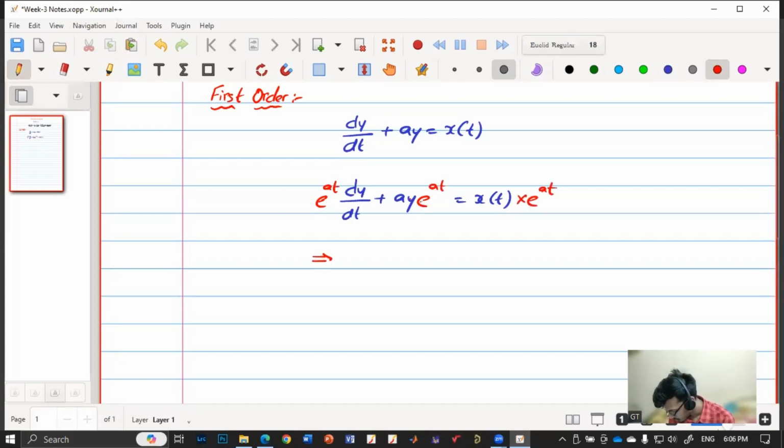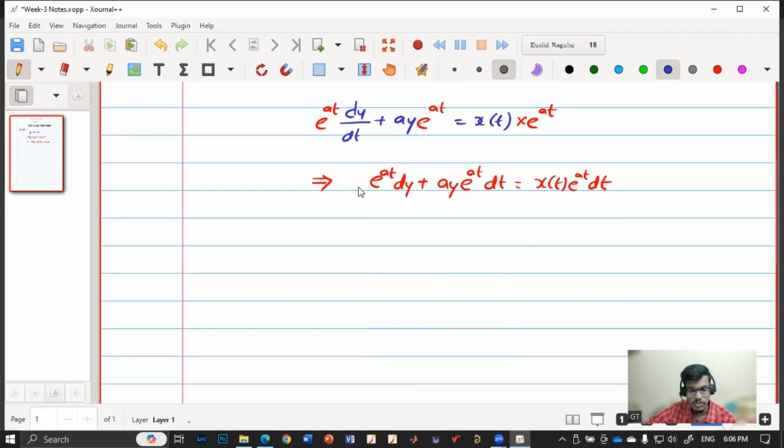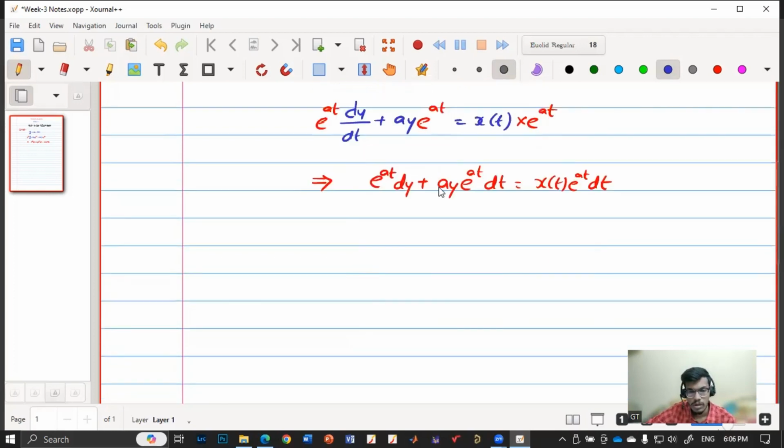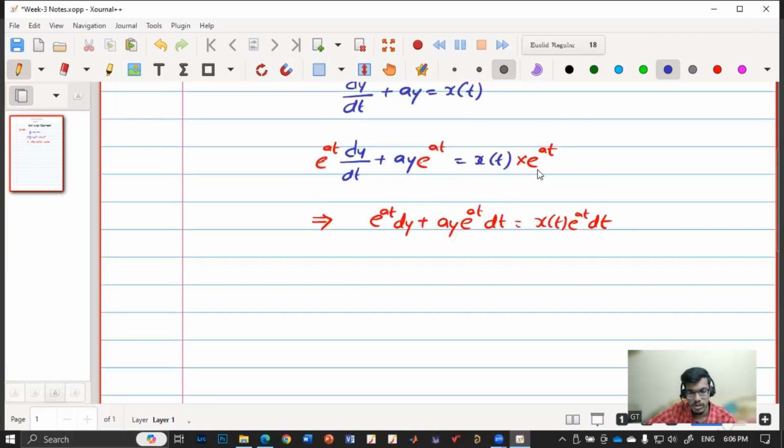Now after doing this, I'll get e to the power at dy plus ay e to the power at dt is equal to x of t e to the power at dt. Do you agree? Sir, why is dt multiplied? I have multiplied with dt also. I'll tell you why I have done that.